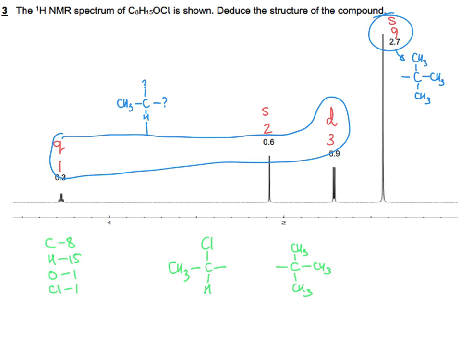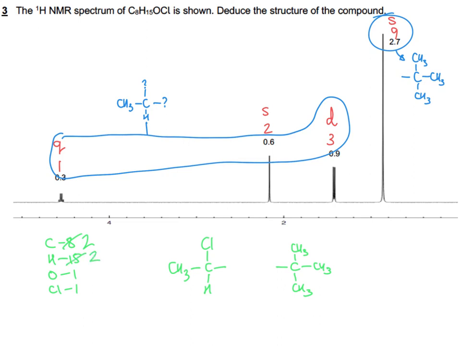How many carbons have I used? I've used 1, 2, 3, 4, 5, 6. So that means I have 2 left. How many hydrogens have I used? I've used 3, 4, and then plus those 9, so that's 13. So I have 2 of those left.